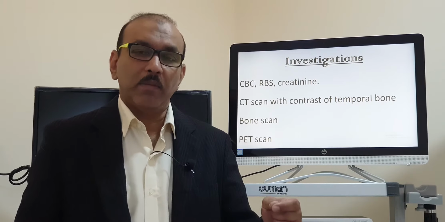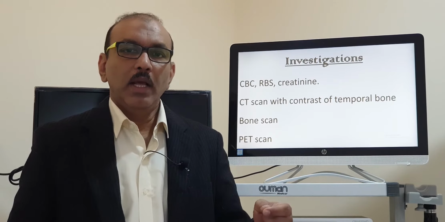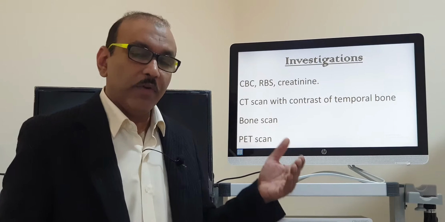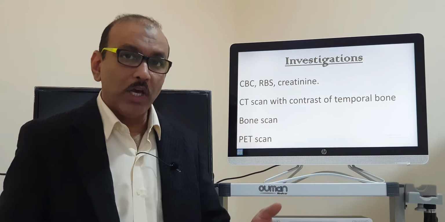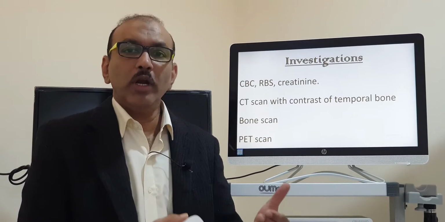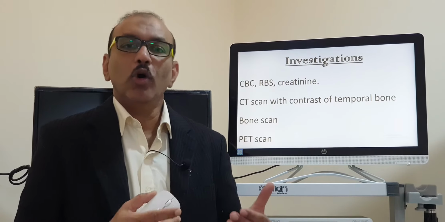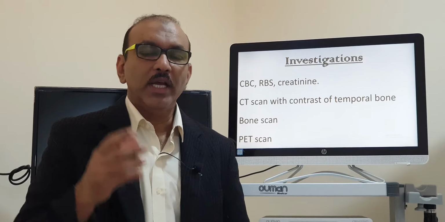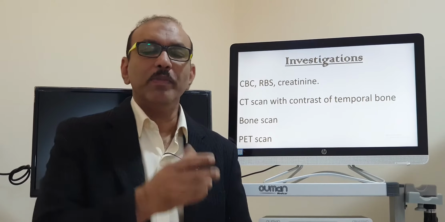This is a bony part mainly. And if we don't do a bone scan, we can do a newer scan called PET scan, positron emission tomography. That also will show infection in the middle ear as well as in the petrous part.